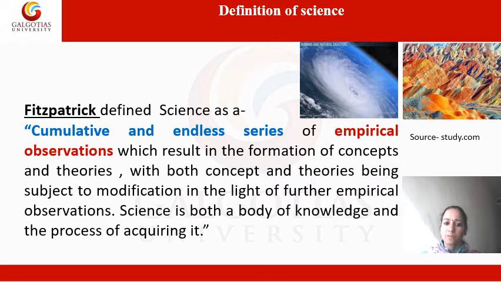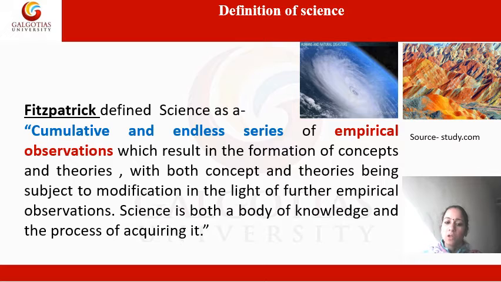Definitions of science. According to Fitzpatrick, science is a cumulative and endless series of empirical observations which result in the formation of concepts and theories, with both concepts and theories being subject to modification in the light of further empirical observations.